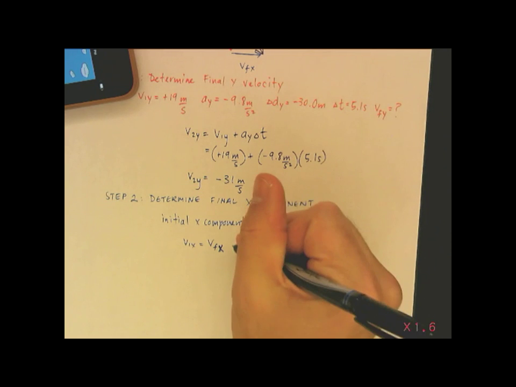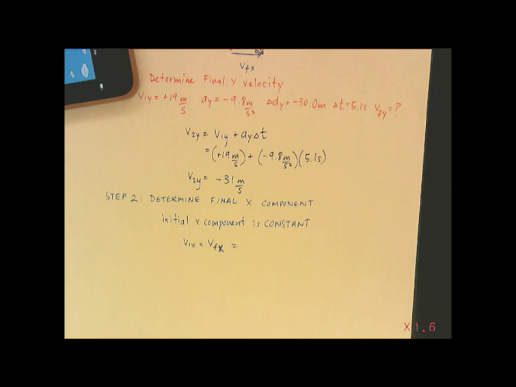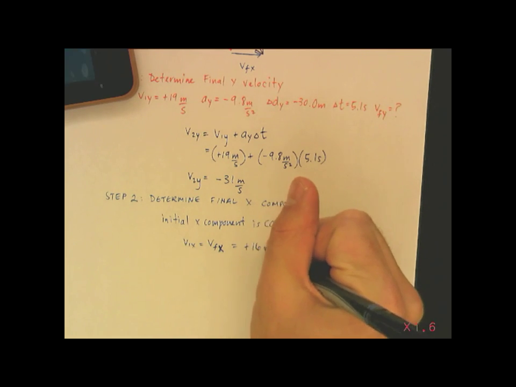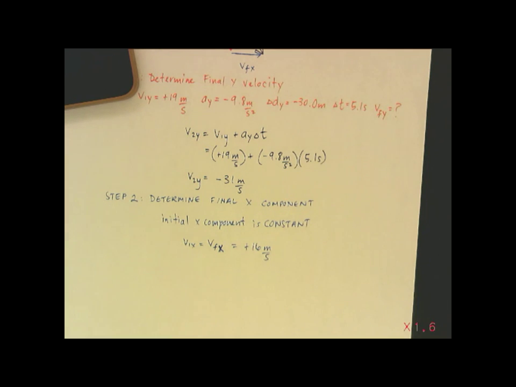If we calculated it at the beginning, what was the initial x component of the velocity that we calculated at the beginning? Positive 16 meters per second. Once you've determined the final y and the final x, we're going to use Pythagorean theorem to solve for the final velocity.